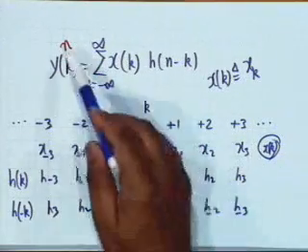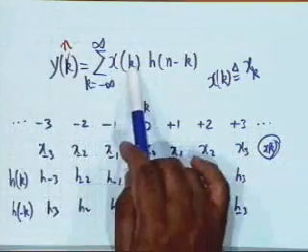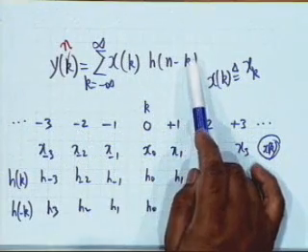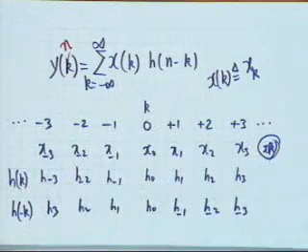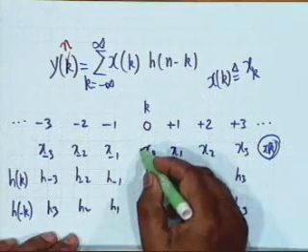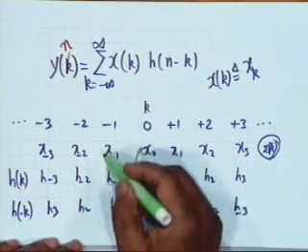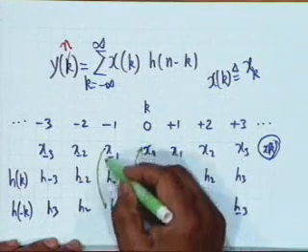All right, putting n equal to 0, y of 0 shall be the sum of x of k multiplied by h of minus k. Corresponding samples are to be multiplied and then added. In terms of an operation, we multiply x0 by h0. We multiply x of minus 1 by h1.